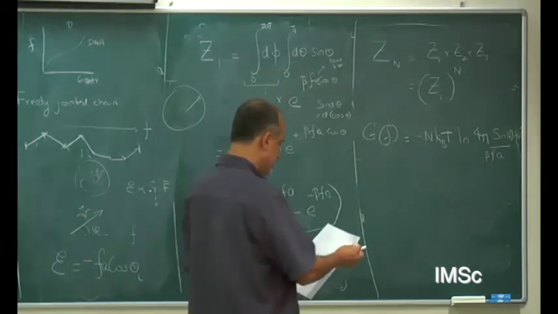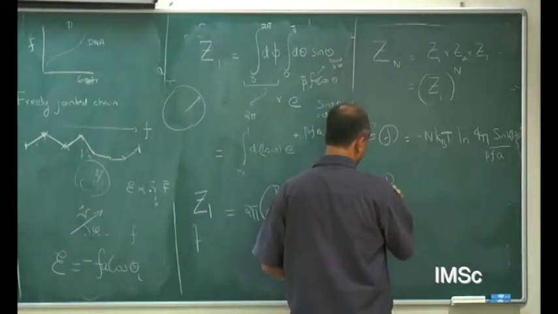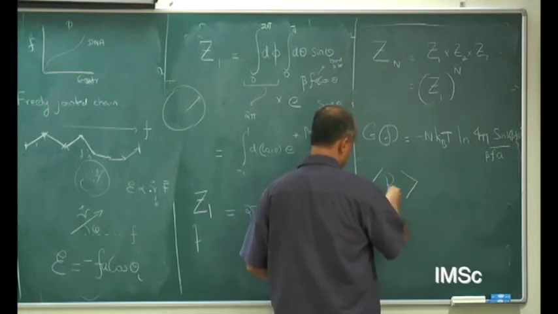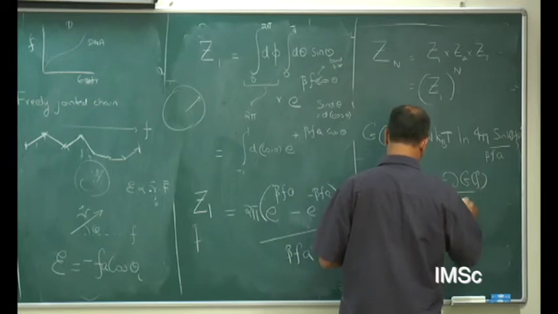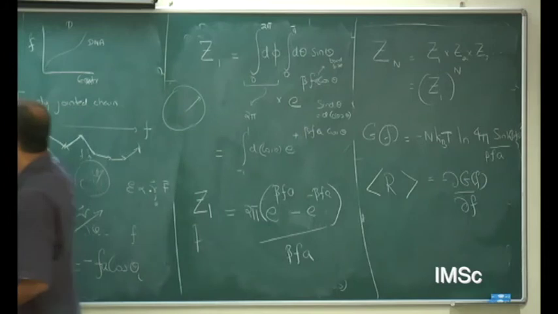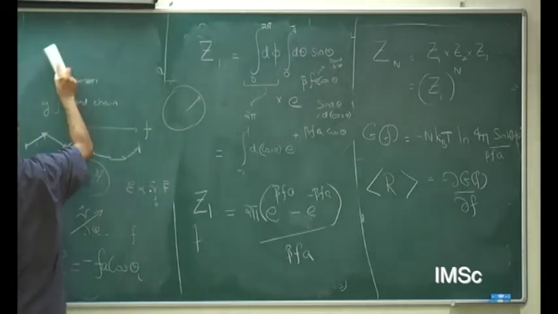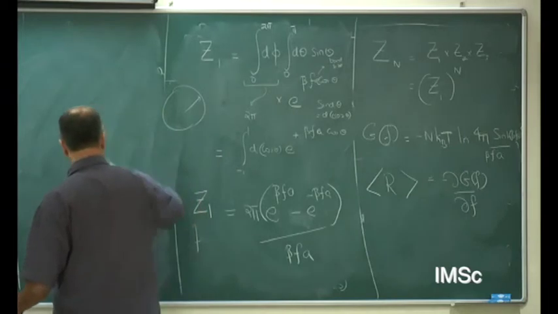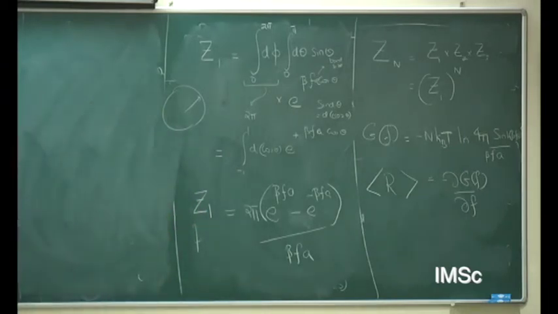So there's a little bit of algebra here that computes the extension R from minus delta G F by delta F. If you do that, what you will get is the answer.